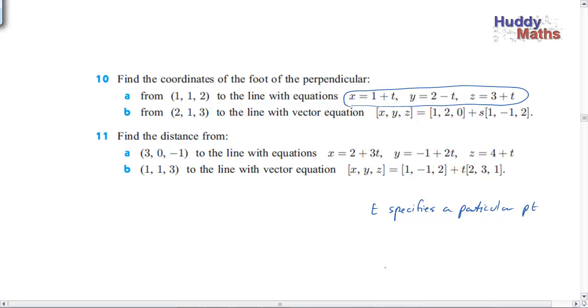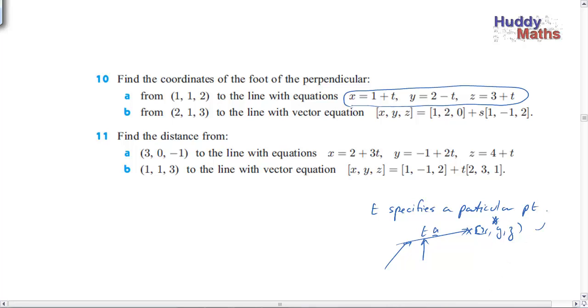Remember, you're travelling out to the line, and then you're moving along it. Perhaps you're saying t times the direction vector a to get to your point x, y, z. So that's why t is the growth factor. If you stop it growing by specifying what t is, you arrive at a particular point.